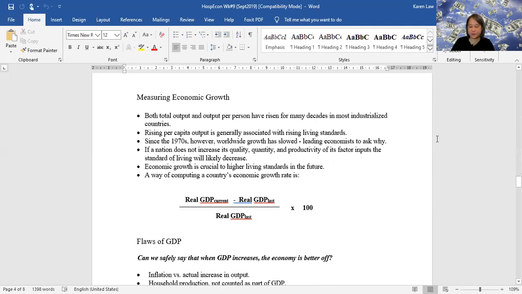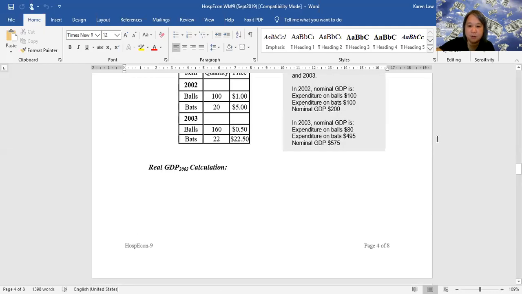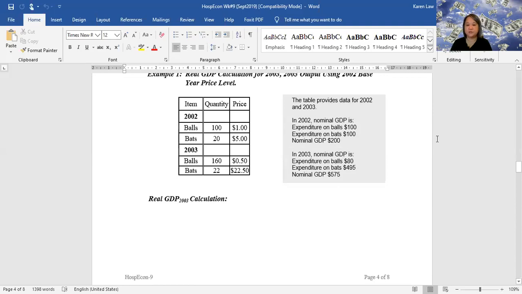If you look at our formula, our real GDP current would be what we calculated, 270. Our real GDP old, or our real GDP of our last period, would be our nominal GDP of 2002.